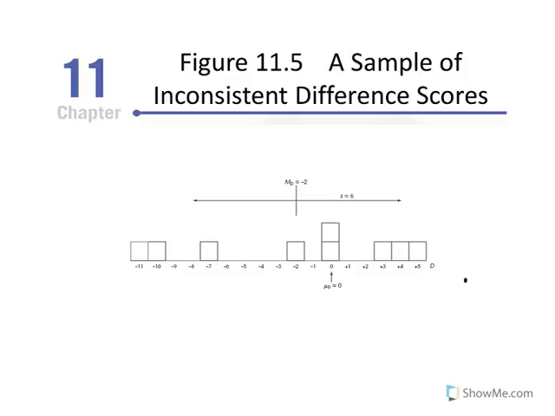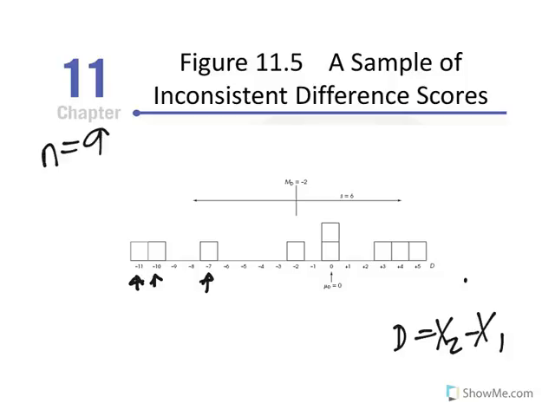Suppose that the swearing study, for example 11.1, produced a sample size equal to 9, and the difference scores consisting of these values we see here, which include -11, -10, and so on. Again, these are all difference scores that were produced by taking condition 2 minus condition 1.